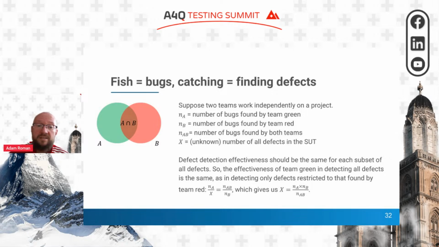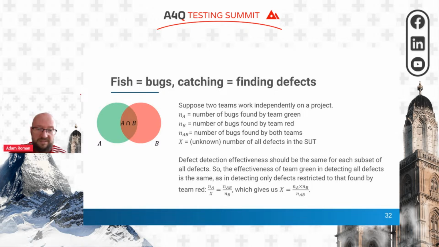So we assume that defect detection effectiveness should be the same for each subset of all defects. So the effectiveness of the green team in detecting all defects is the same as in detecting only defects restricted to those found by the red team only.